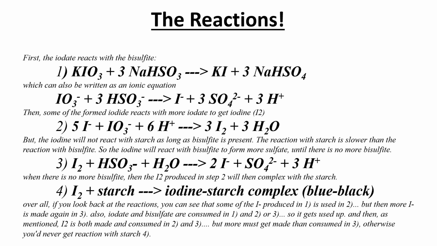But when we run out of the bisulfite ions, then reaction 4 takes place. The iodine reacts with the starch and we get that blue-black color indicating the end of the reaction. So that's how we're able to time these reactions: 2 and 3 continuously go on until there's no longer any bisulfite left.